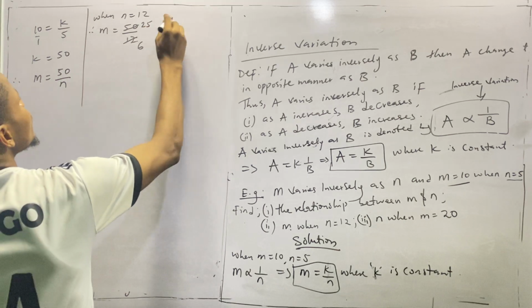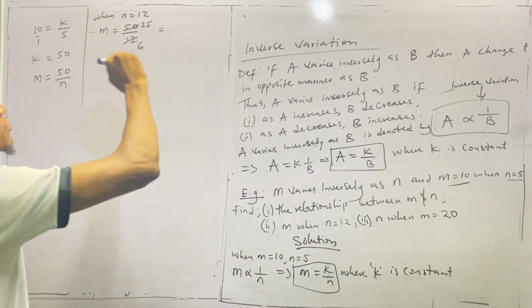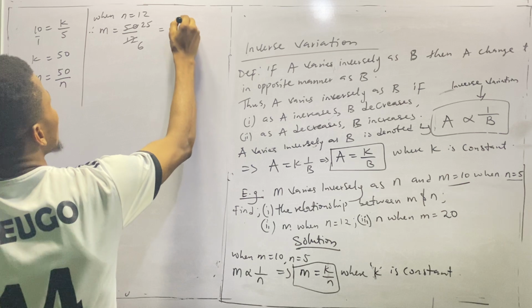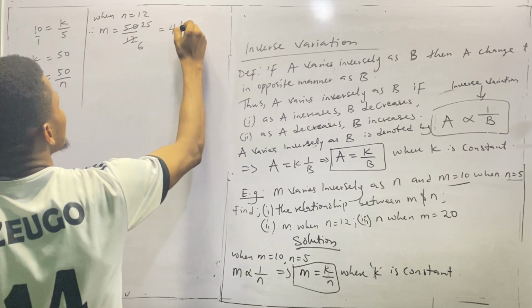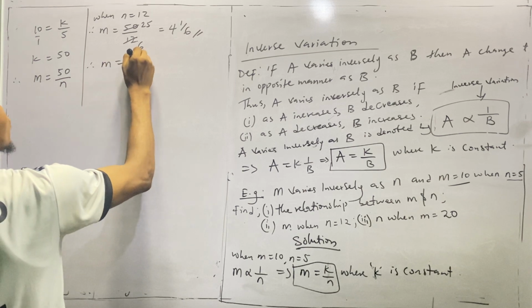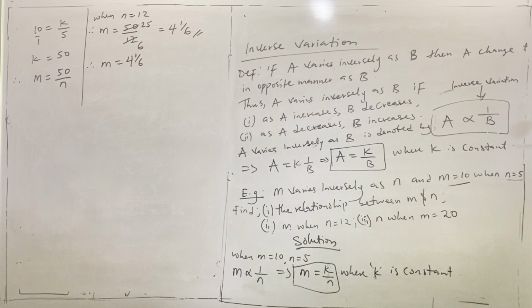How many 6s are inside 25? We have 4 sixes, 24 inside 25, remaining 1. So it's 4 whole number 1 over 6. Therefore our m is 4 whole number 1 over 6, converting 25 over 6 to a mixed number.